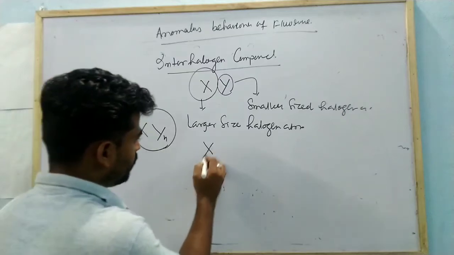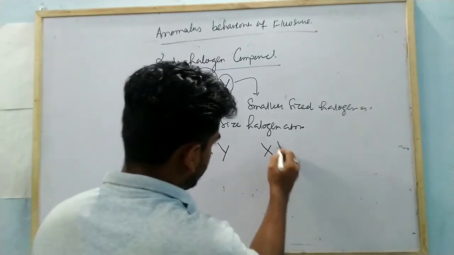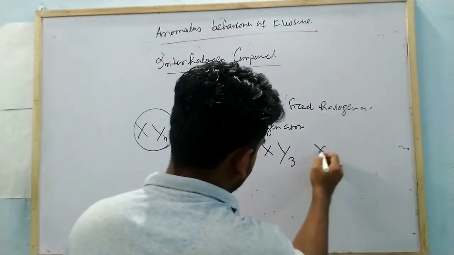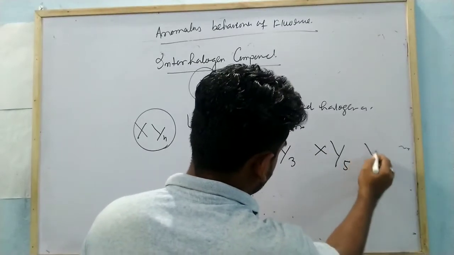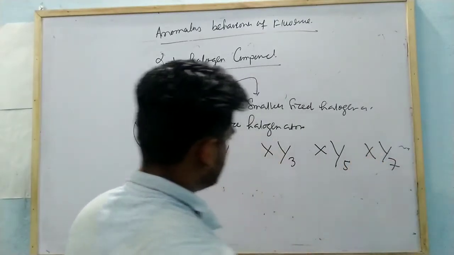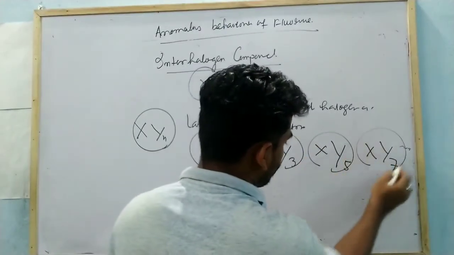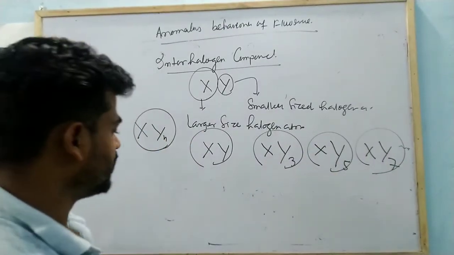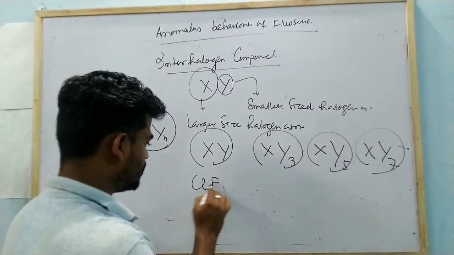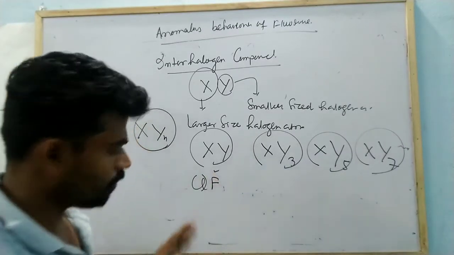So this can be XY, XY3, XY5, XY7. These are the molecular formulas of interhalogen compounds. Example, ClF. You see this Cl is larger than fluorine.